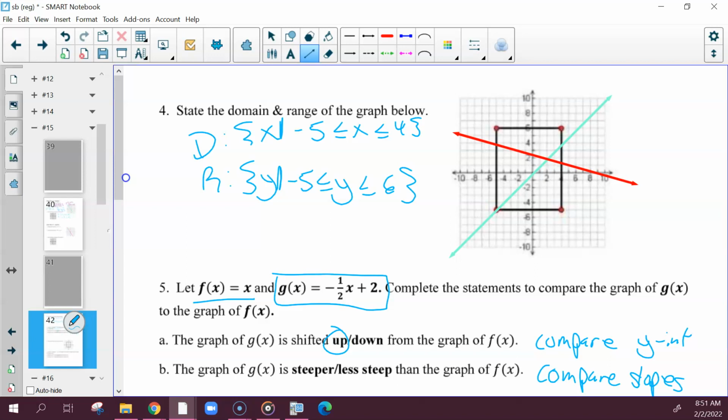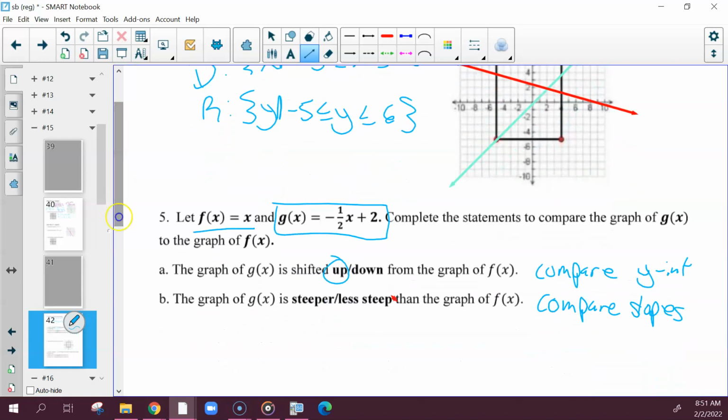And the answer would be your f of x equals x. That would be steeper than g of x. So g of x would be less steep. Wow, I'm still using arrows. But in general, if the number is a fraction, it's going to be less steep. But if the number is not a fraction, then it would be steeper. Questions on those two?